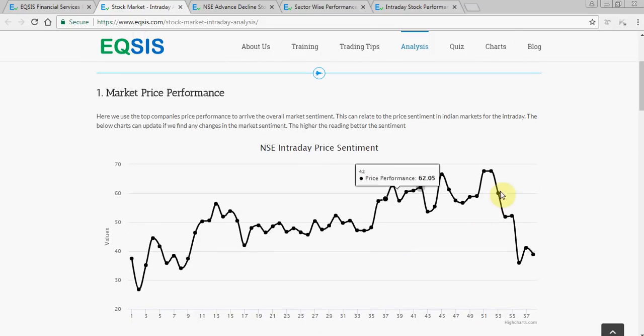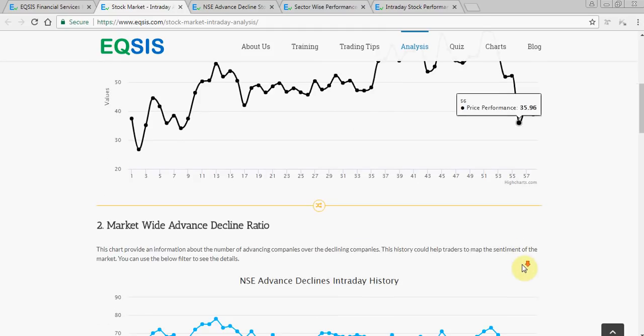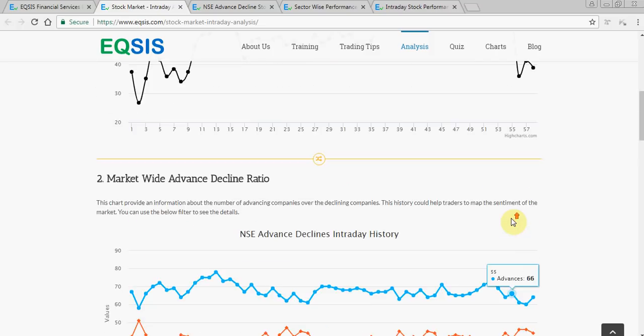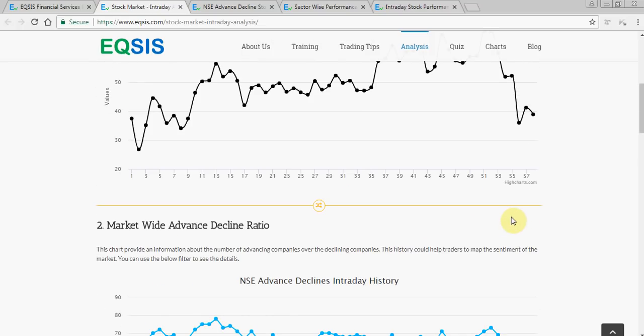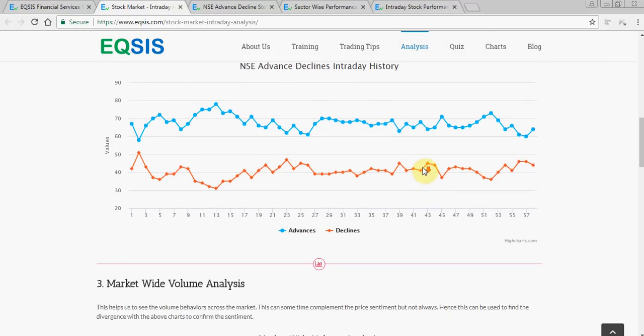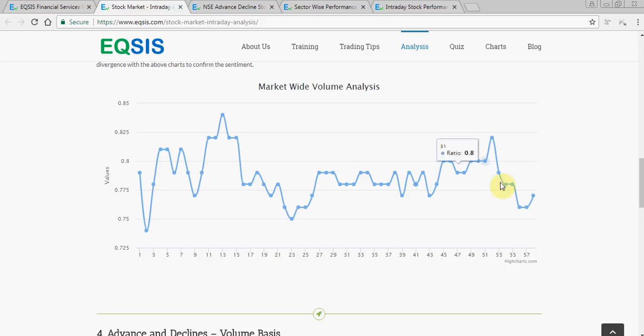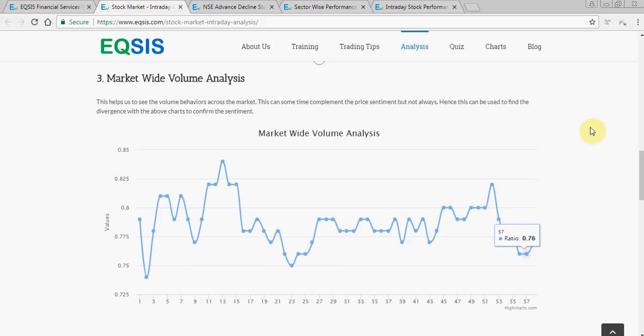And sometimes, look at this, the last half an hour of the day today crashed a bit, but I don't see a major difference. In fact, the advance and decline ratio converged during that bit. So sometimes it can be complementary, and sometimes it can act as a divergence. By looking at the price and the advance-decline ratio, to an extent we can say how it is actually performing.